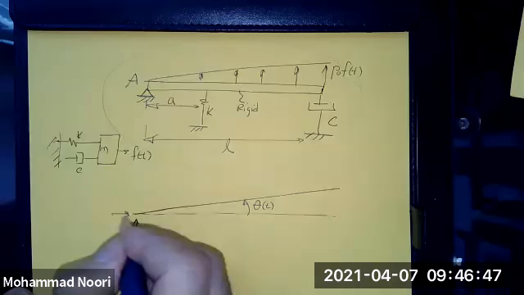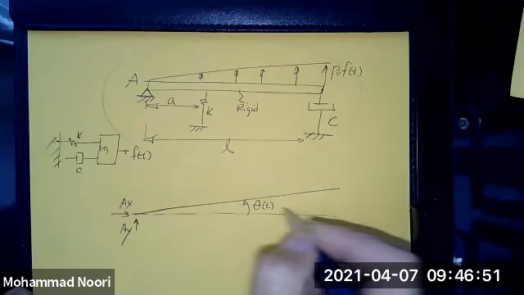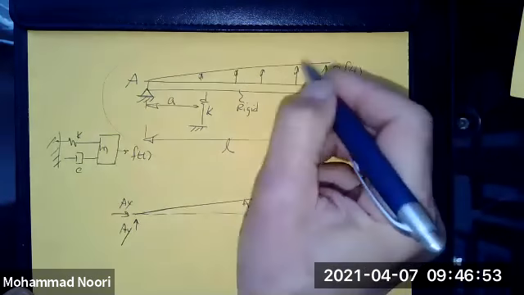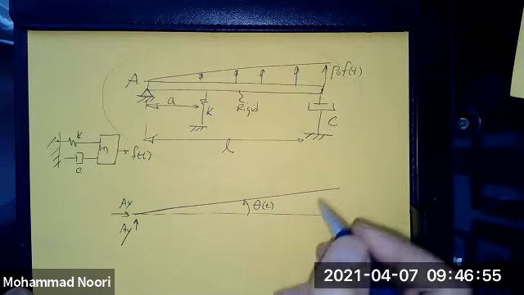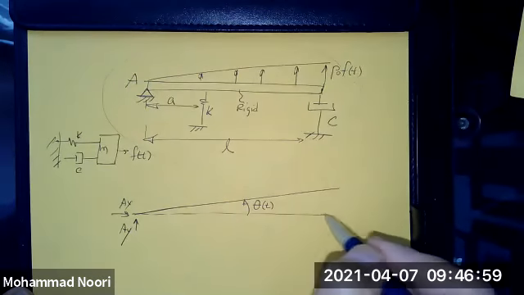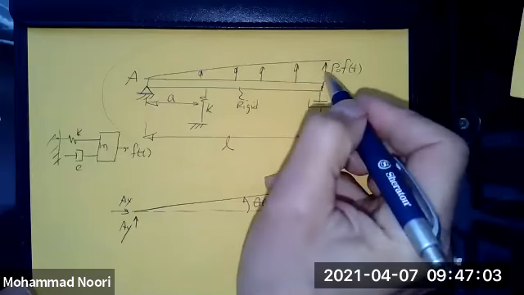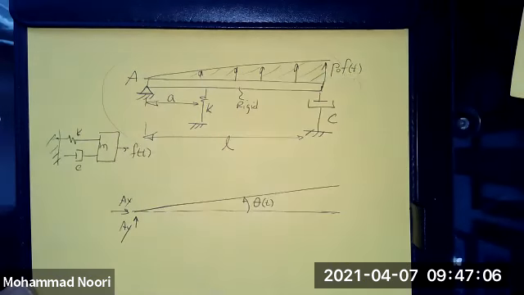You have these unknown forces. You do have an applied load, this triangular load, but remember from statics or strength of materials, I can replace this with an equivalent concentrated load, whose magnitude would be the area under this triangle, right?